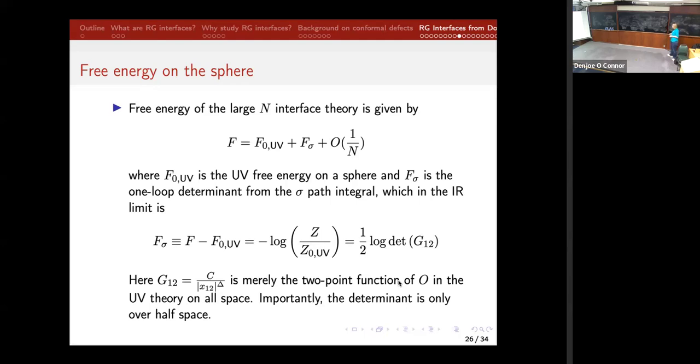But basically, if you look at D equals 3, because it's a codimension 1 defect, it will tell us about the B theorem, which is about this Weyl anomaly contribution from the defect basically decreasing along an RG flow.